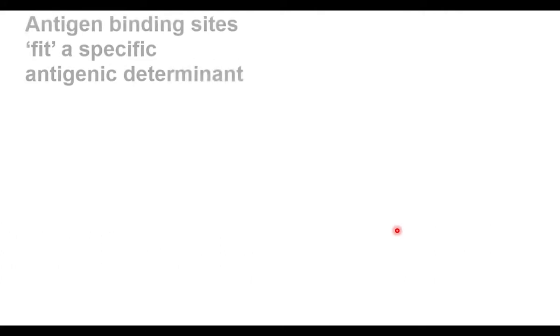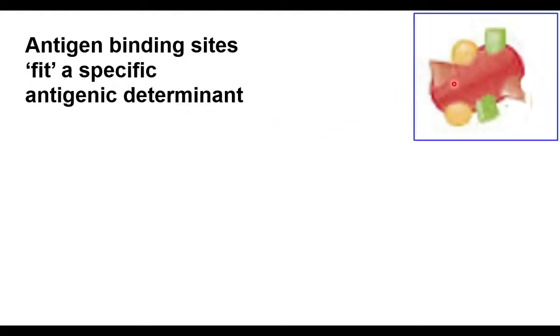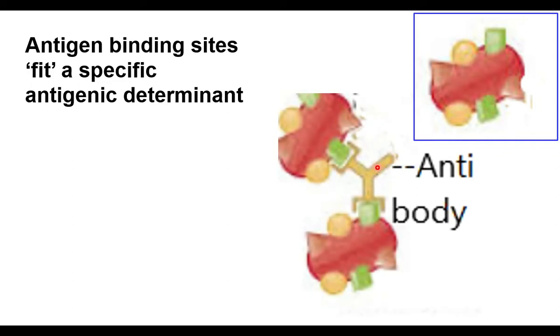Here this is an antigen. So antigen binding sites fit a specific antigenic determinant. Antigenic determinant is also called an epitope. Here this antigen has three types of epitopes. One has a curved outline, another a flat outline, another a pointed outline. So the green antigenic determinant is recognized by a particular kind of antibody molecule.